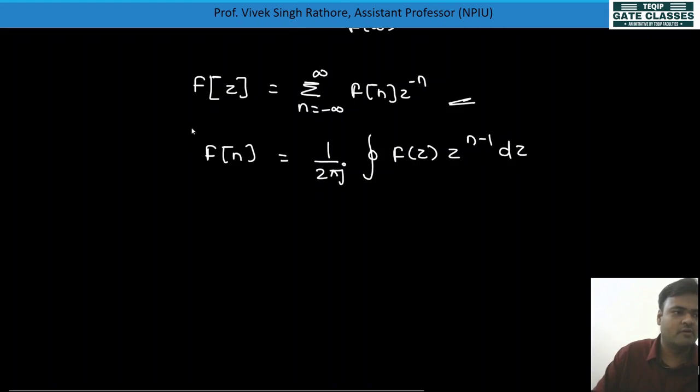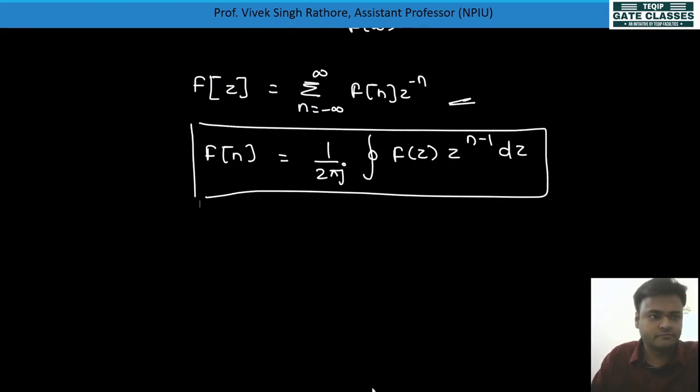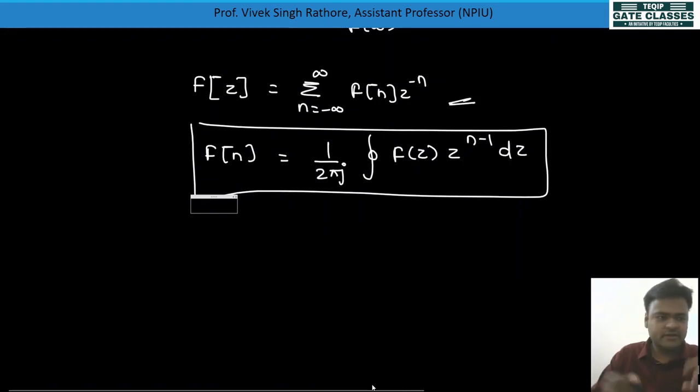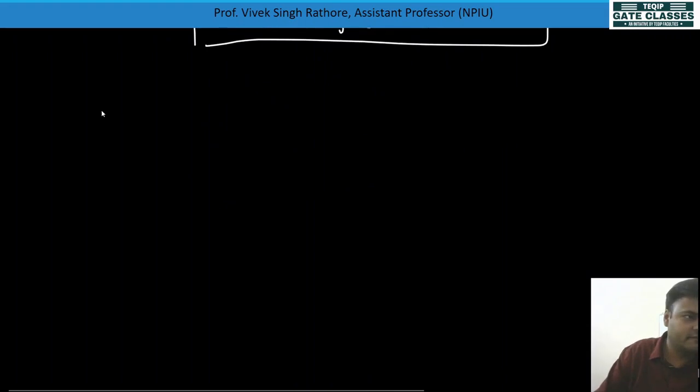This is the formula for the inverse z transform. But by this method we'll face some difficulty, so there are some easier ways also. We'll see one question and try to understand.